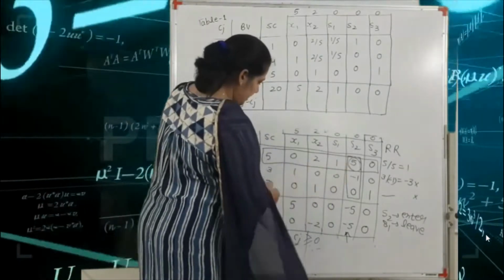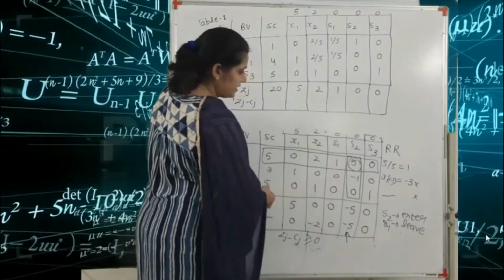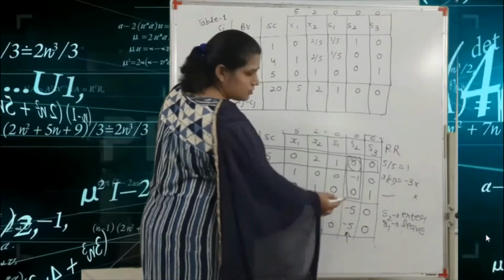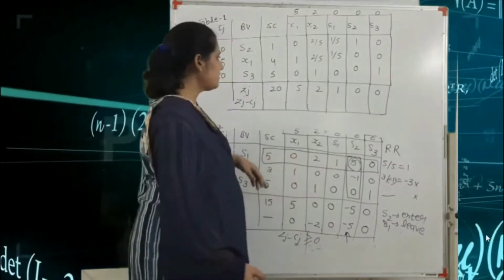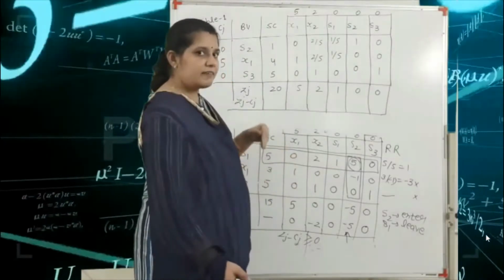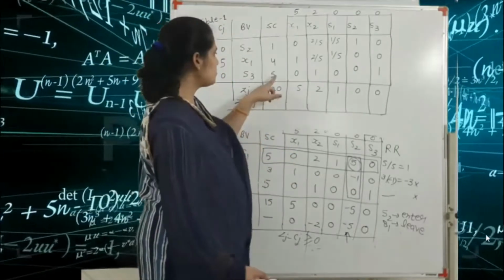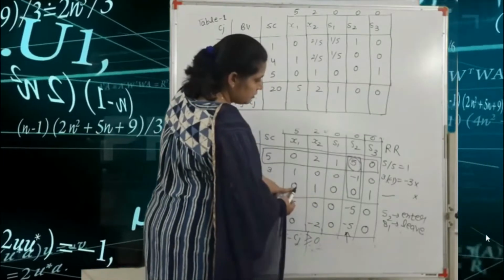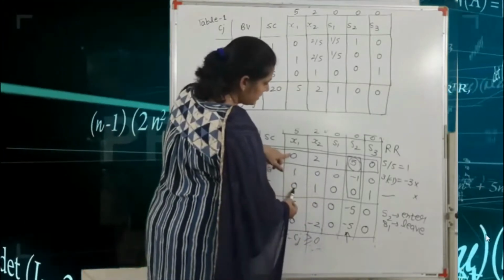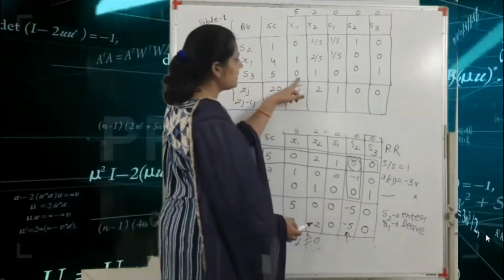So these two values we use 5 into 5, 25. So the determinant, that means 5 into 5 is 25 divided by the key number, so 5. Next term is the 5 into 0, 0. So the determinant is 0 into 0, so we get the 0 value.